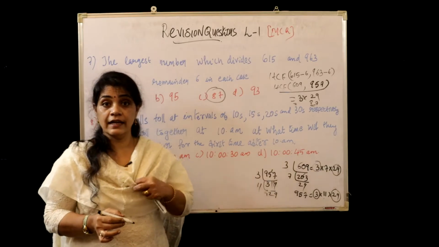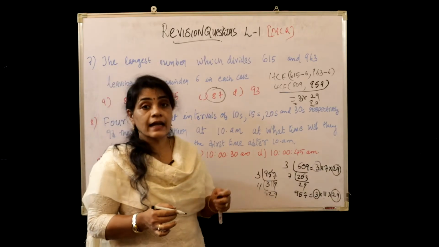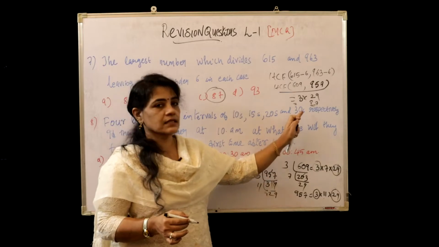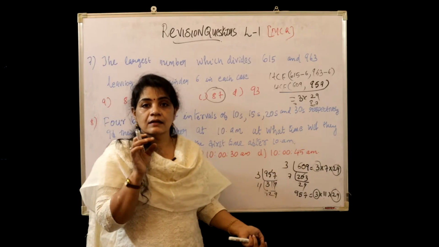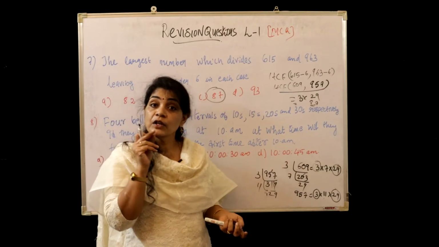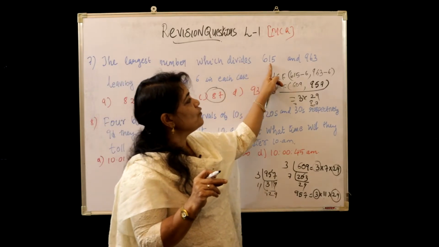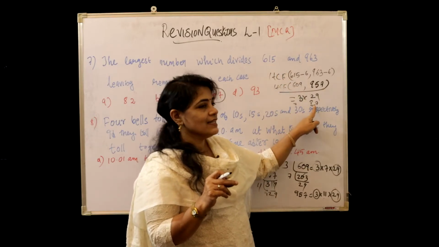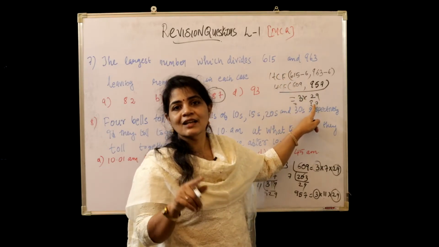Okay, when you divide 609 with 87, you can see that there should not be any remainder, exactly divisible. But when you divide 615 with 87, you can see that the remainder is 6.